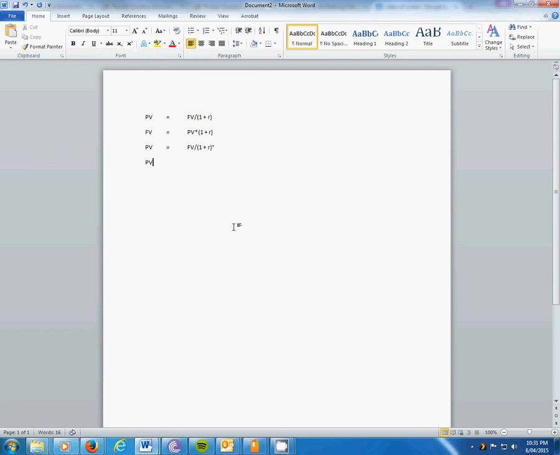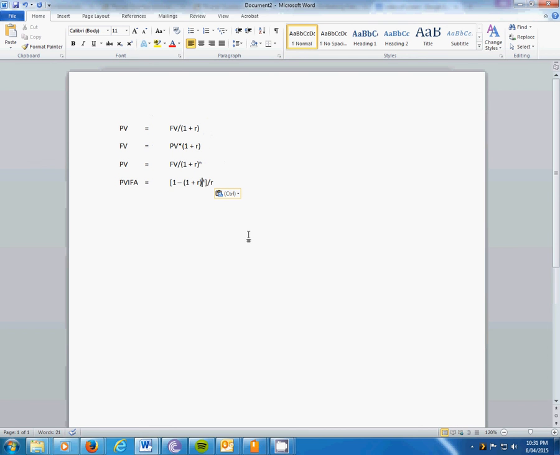For example, if we look at the present value interest factor of an annuity, we know that it is this. What happens when you have a minus in front of your exponent? It's the same as saying divided by.